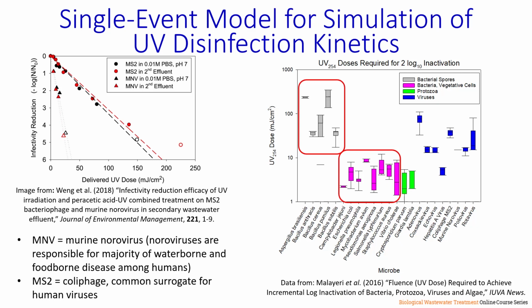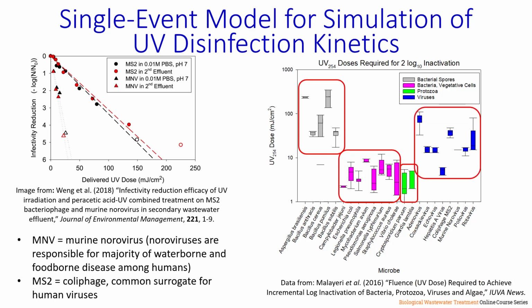The pink bars illustrate the behavior of many bacteria, and generally the vegetative cells of bacteria are highly sensitive to UV, requiring single-digit doses to accomplish multiple log units of inactivation. The green bars represent the responses of protozoan parasites, specifically Cryptosporidium parvum and Giardia lamblia, and we see that they're very effectively inactivated at really low doses.